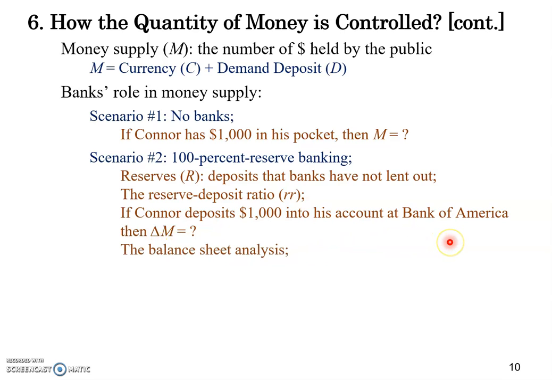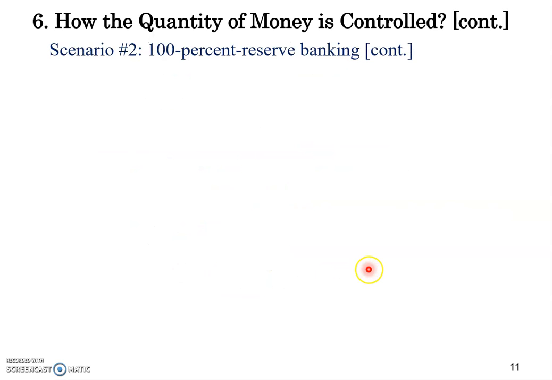To be able to do that, we have to conduct the balance sheet analysis. If you already took accounting or finance, you probably know this thing called the T account. That means we record the assets and liabilities of our organization.